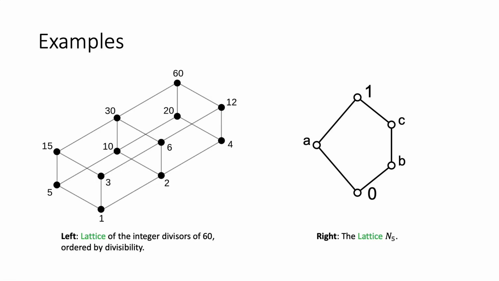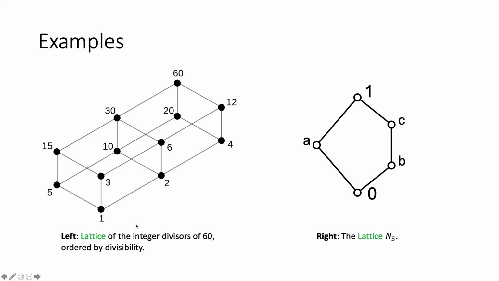Okay, so what are some examples of lattices? On the left, I have the lattice of integer divisors of 60 ordered by divisibility. As I ascend vertically, the numbers get larger, and there's a relation drawn when the lower element divides the higher element.